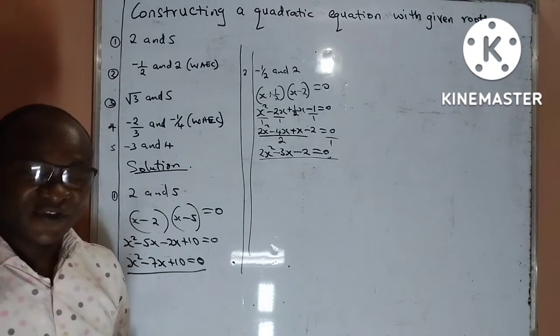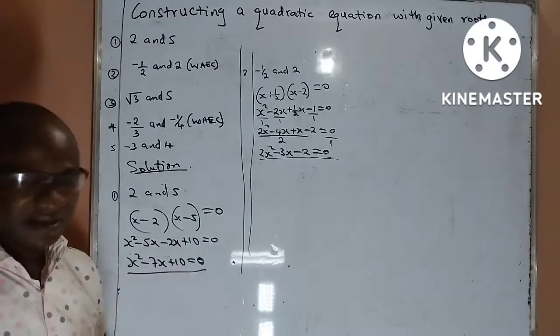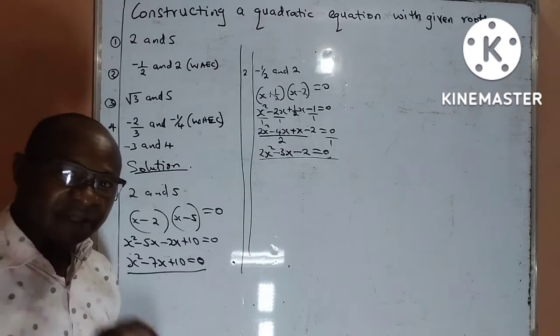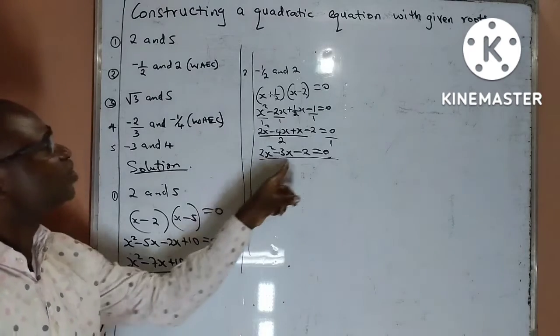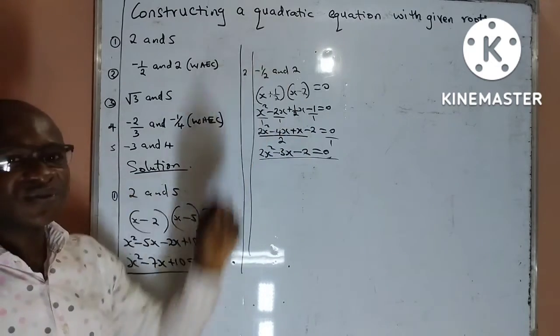Go and learn from that video. Quadratic formula method. Use it here, you'll get this. Or completing the square method. Use it on this question, on this answer we have gotten, you will get these roots.